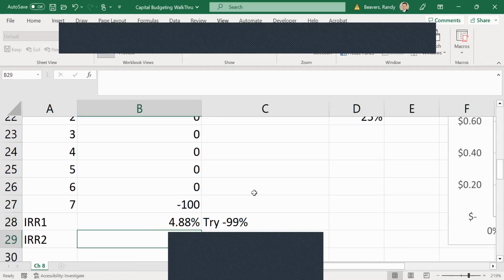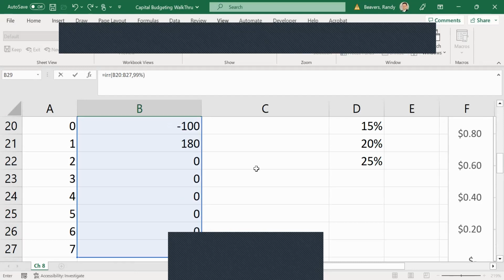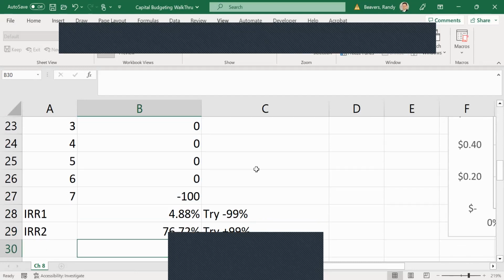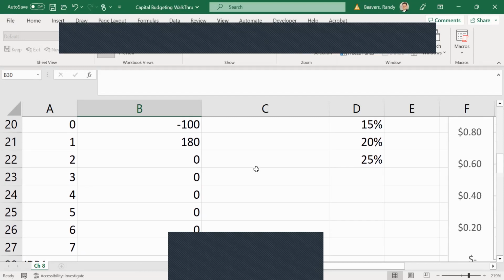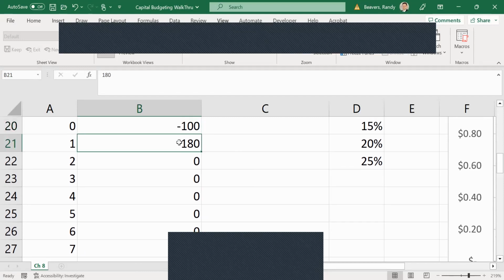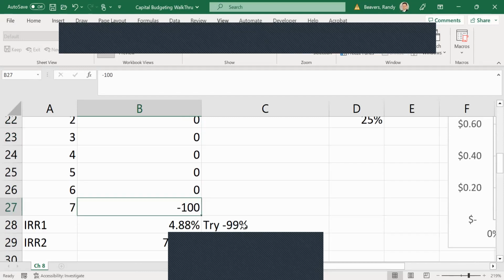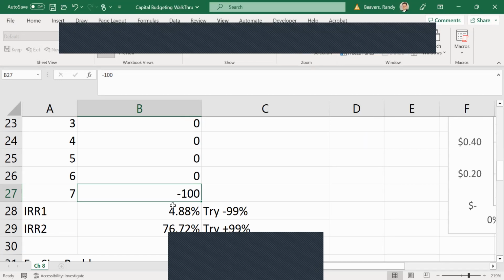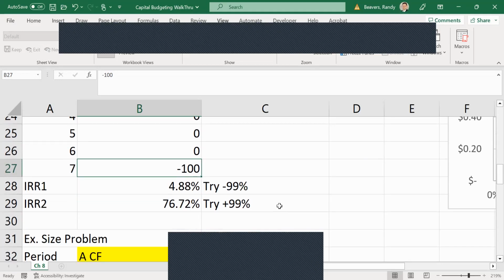That would give me an IRR of 4.88%. And then let's suppose I do the analysis again. But this time I guess 99%. You see here in this case, because the cash flows change signs 2 times, we get 2 IRRs. Which one should you choose?